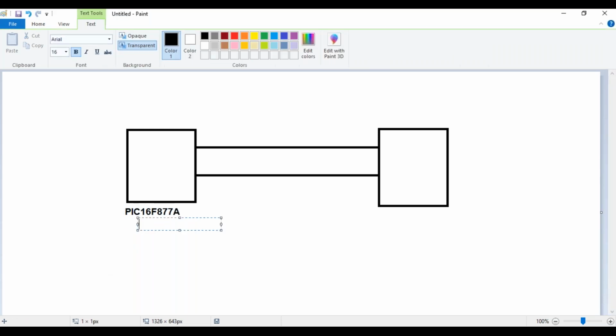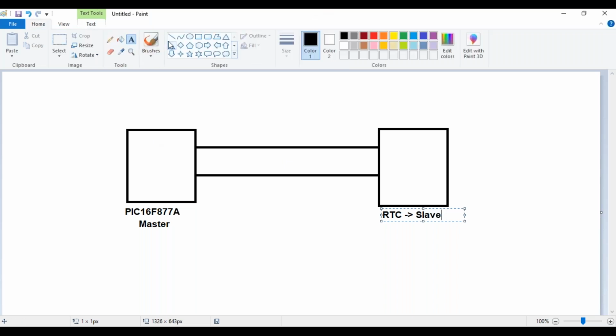And this is your RTC, and the RTC is not capable of generating the clock pulse, so it is acting as a slave right now. So this is the master and this one is the slave. Now coming to the direction.